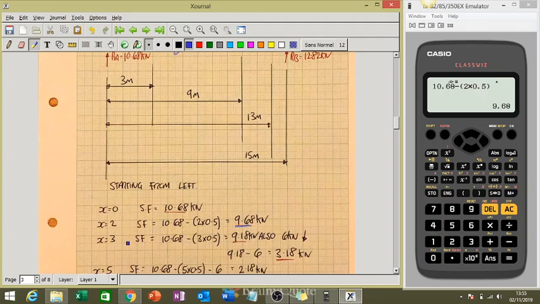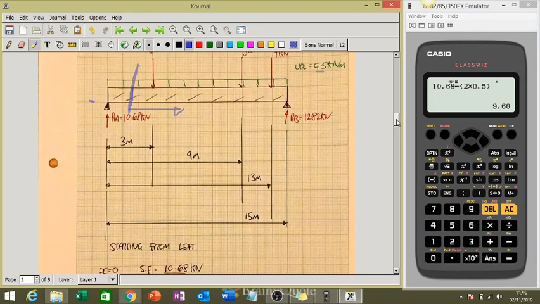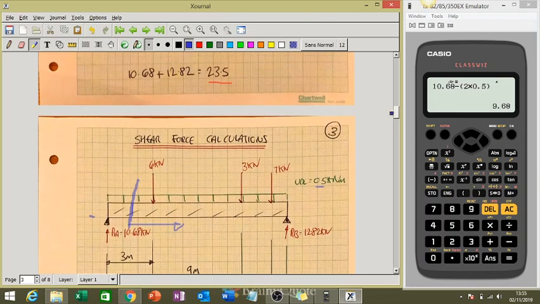And now I'm going to go to x equals 3. We're going to have 2 points at x equals 3 because we've got a force at x equals 3. There's my force coming down. I'll rub this out. So at x equals 3, I'm here. So I can see now this force coming up, 10.68 coming up.